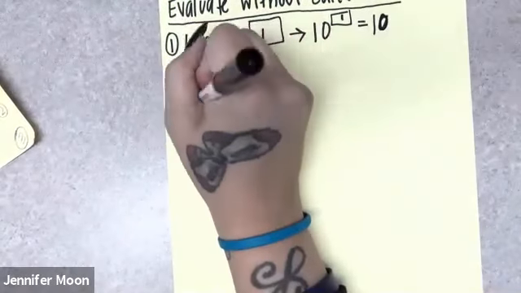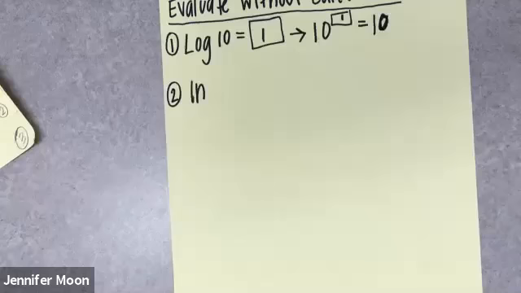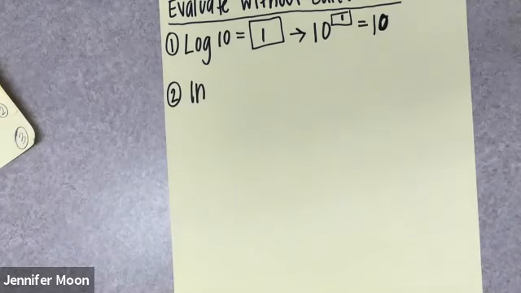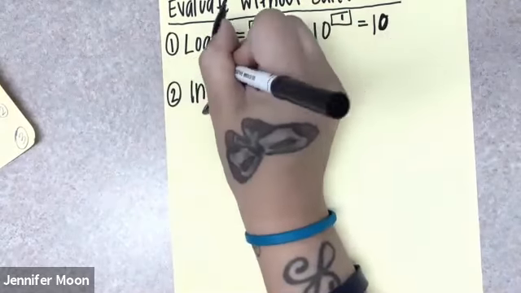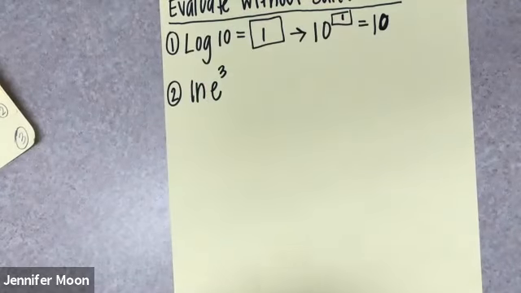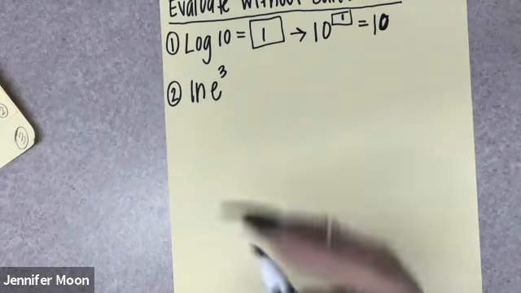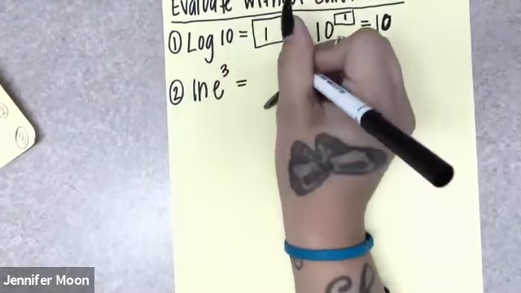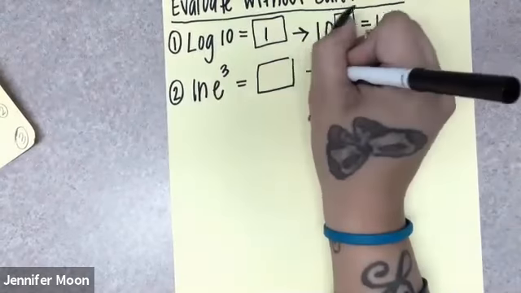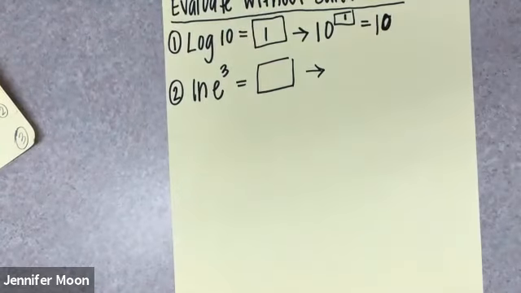Okay, for this one, and y'all have already switched. I'm done doing cursive. Okay, that's natural log, LN. Natural log of e cubed. That's not a base e, that's just the actual e. And so, of course, I'm finding this by hand.